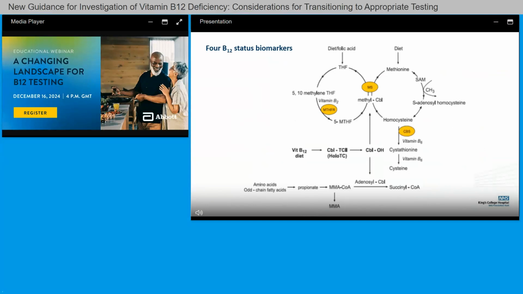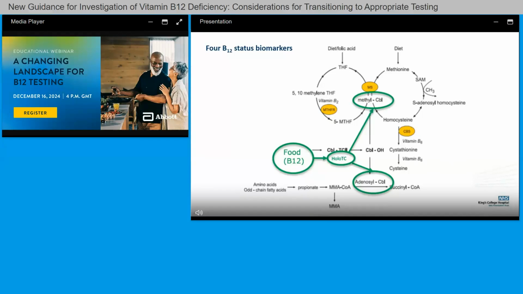So we know already from the previous slides and from our general knowledge, I'm sure, that we obtain B12 from food. And we now know that freshly absorbed B12 binds to holotranscobalamin, and that this is transported to cells and then converted to one of two metabolic forms, methylcobalamin or adenosylcobalamin.